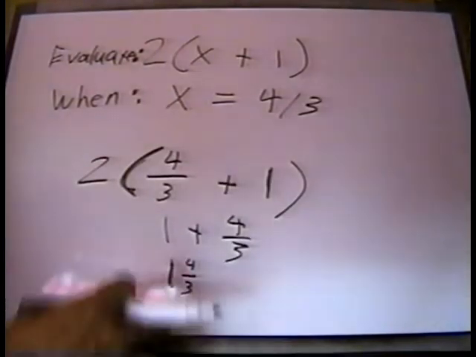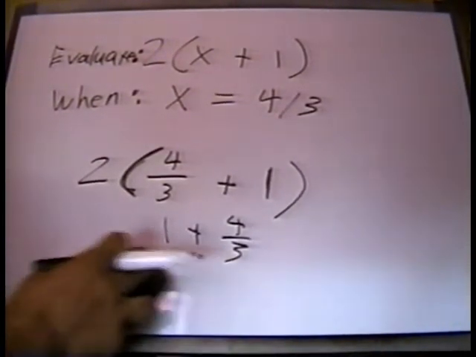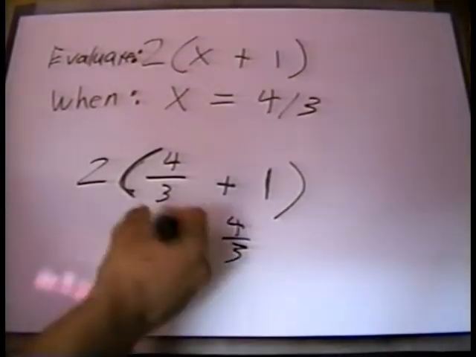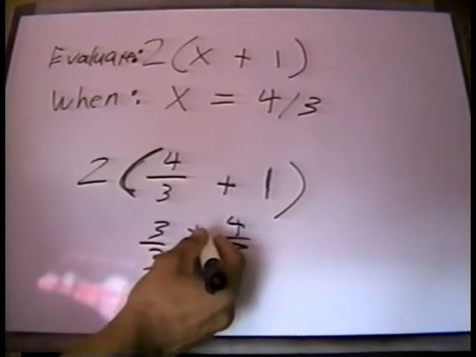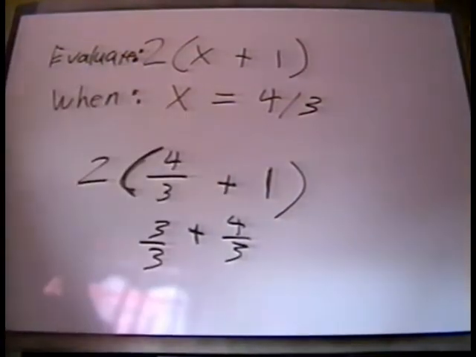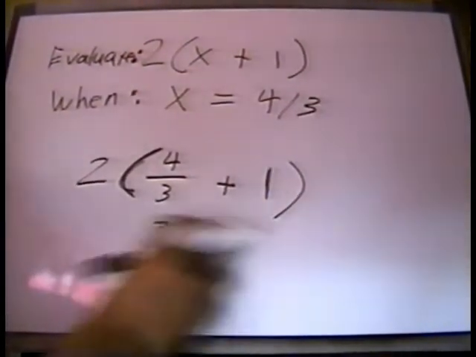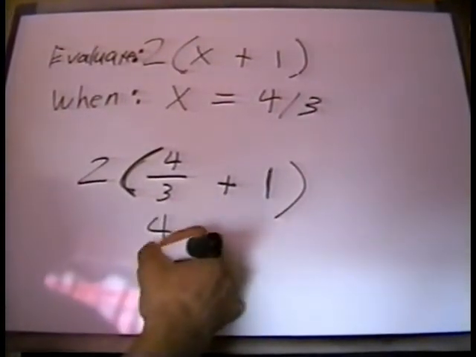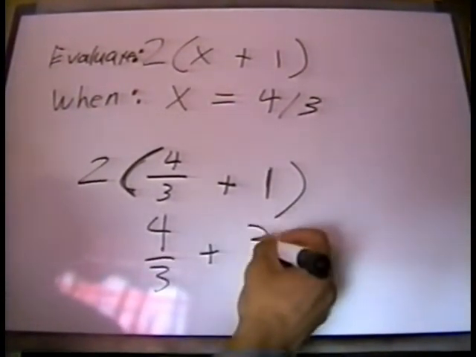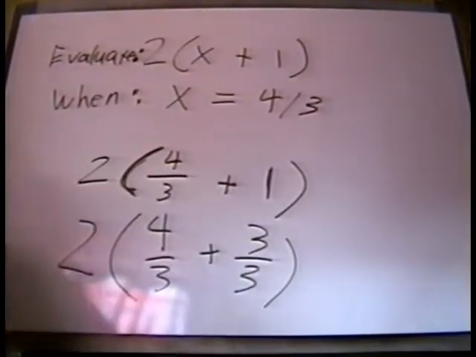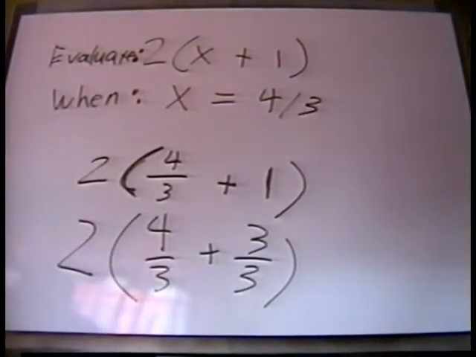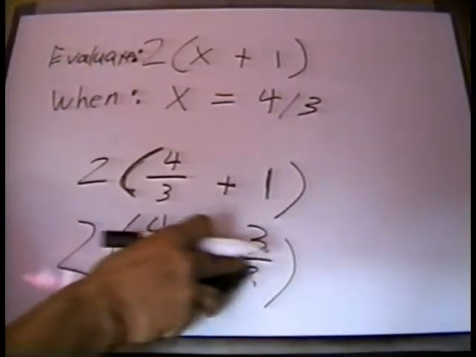You're going to convert this into 3/3, because 1 is equal to 3/3. So 3/3 plus 4/3.